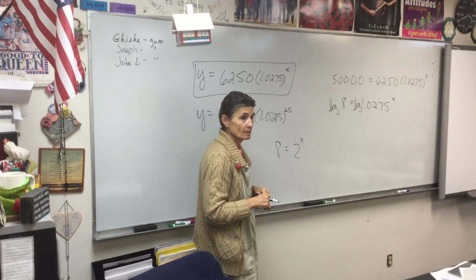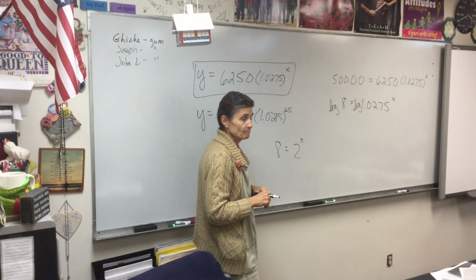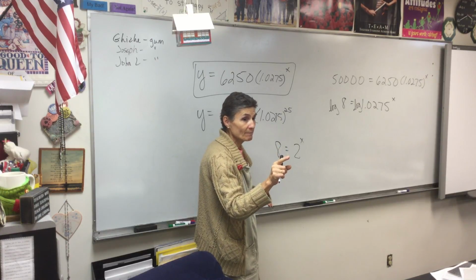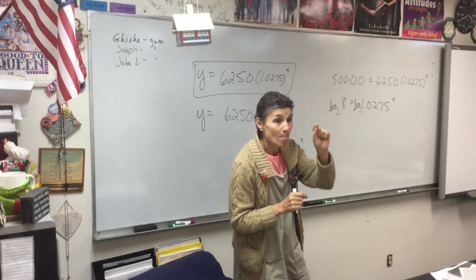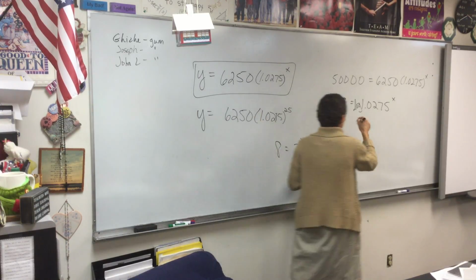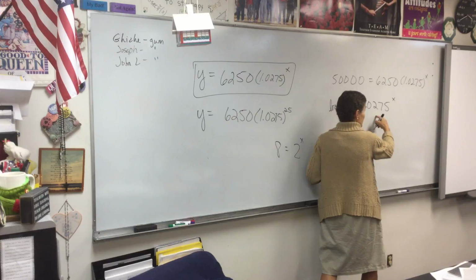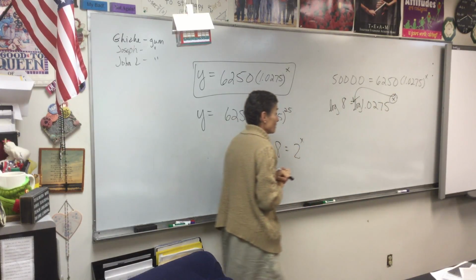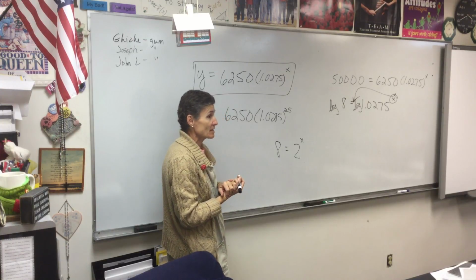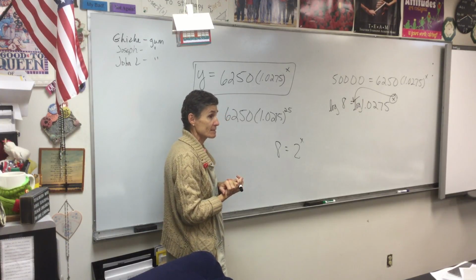Doesn't matter. Why did we do that? What's the beauty of that? Gets rid of the exponent. How does it get rid of the exponent? It doesn't get rid of the exponent, it moves the exponent. As soon as you take the logarithm of something to a power, the exponent can come out in front. Remember that? That's one of your properties of logarithms.